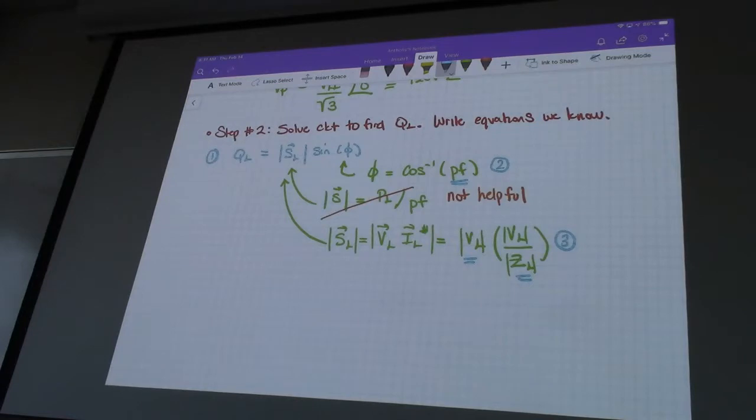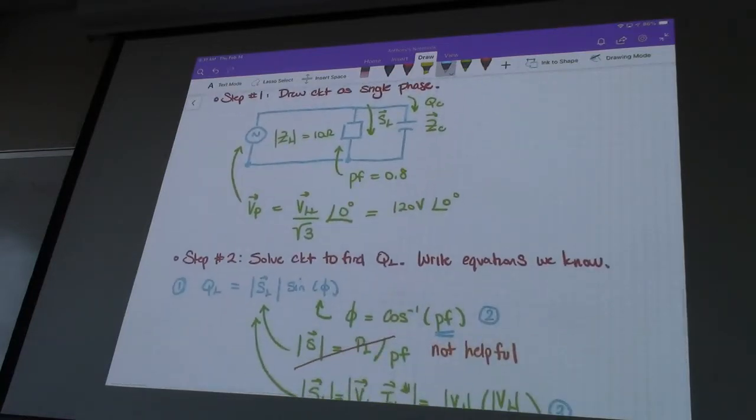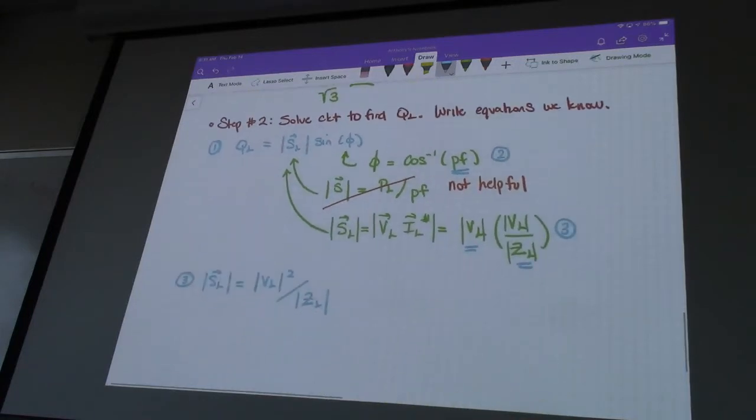So let's go ahead and solve this then. I'm going to use what we called equation 3. We know that the magnitude of SL will be equal to the magnitude of VL squared divided by the magnitude of ZL. Now, I want to be careful with what I'm calling things here.